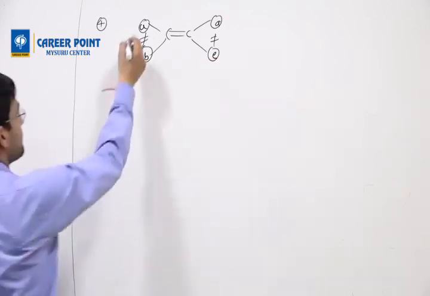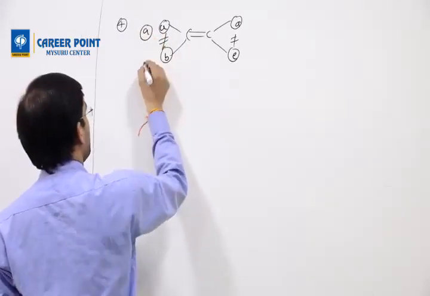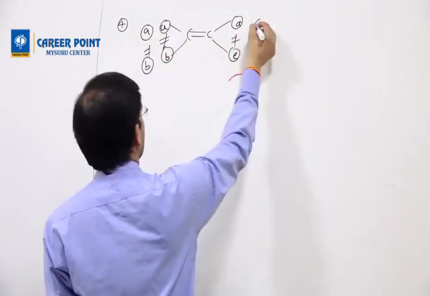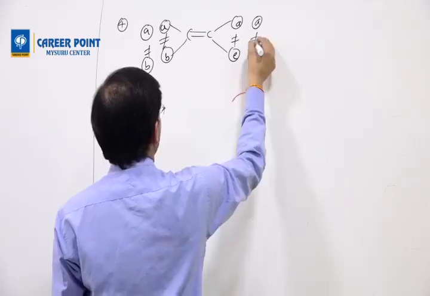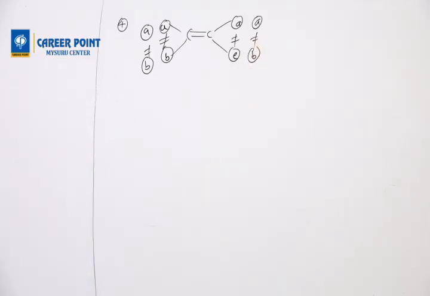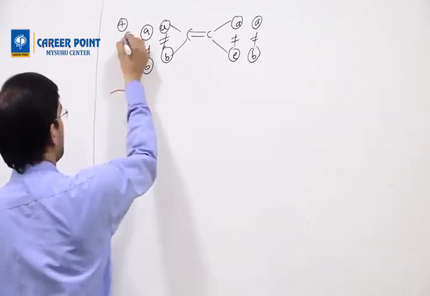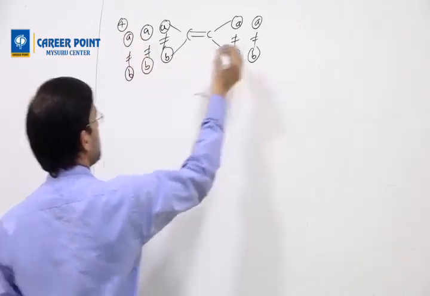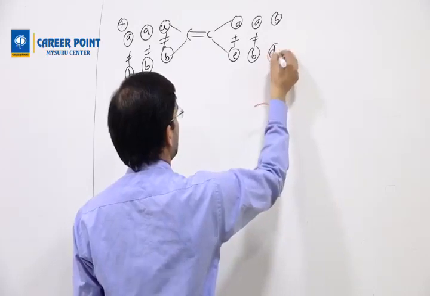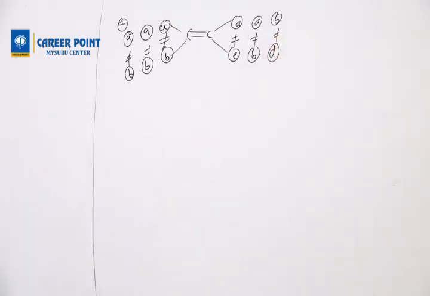Then another case: A, B not equal. There also A, B not equal. That is the second case. The third case is A B and B D: A, B not equal, B, D not equal. So all 3 will show geometrical isomerism.